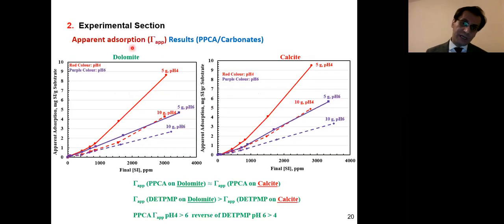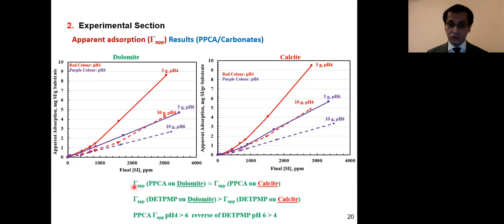For the apparent adsorption results, from 0 to 100 in both cases, the apparent adsorption mechanism is pure adsorption. However, once the concentration of scale inhibitor is increased, the apparent adsorption mechanism changes to precipitation.